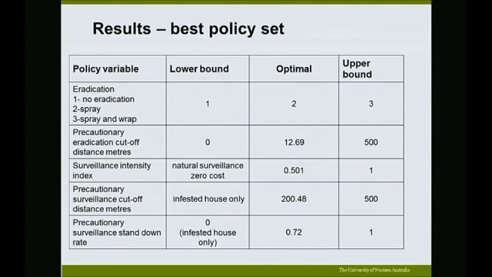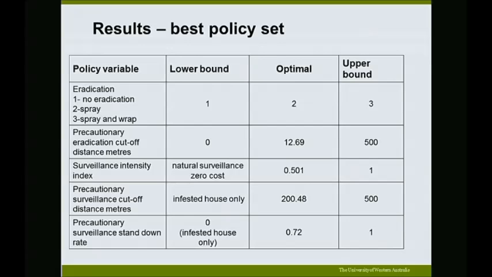You do get some surveillance for free because people notice stuff. And then the precautionary surveillance cutoff: the lower bound is you just do the infested house. The upper bound is that you do the whole cookie cutter area. Precautionary surveillance stand down is between 0 and 1. Precautionary surveillance cutoff is again the infested house through to the whole suburb.